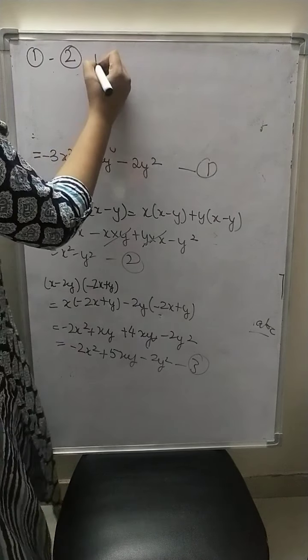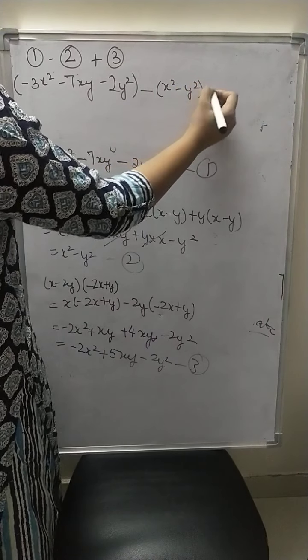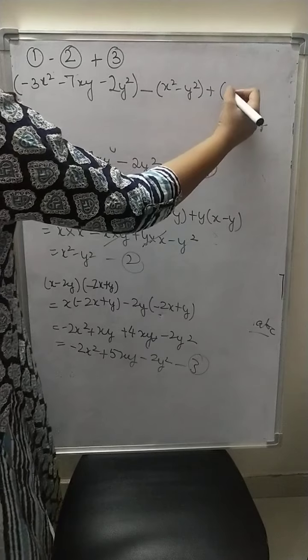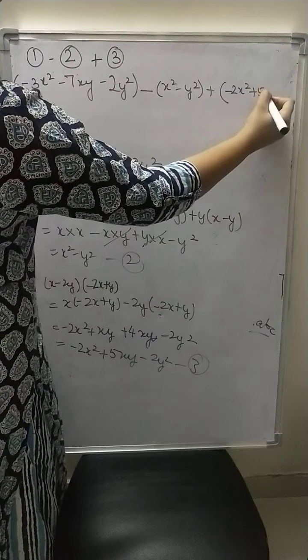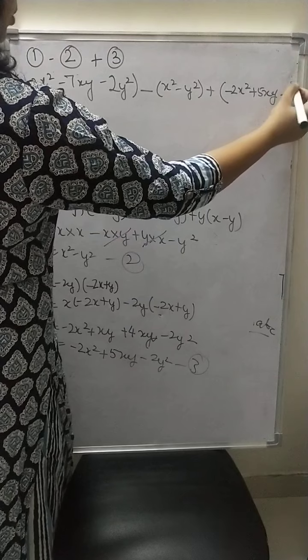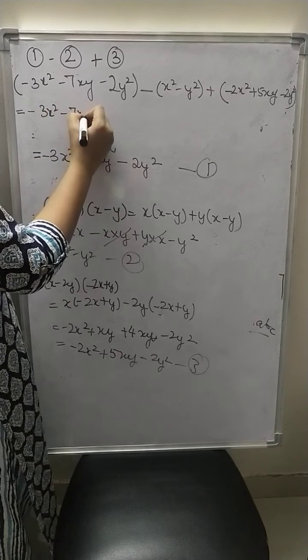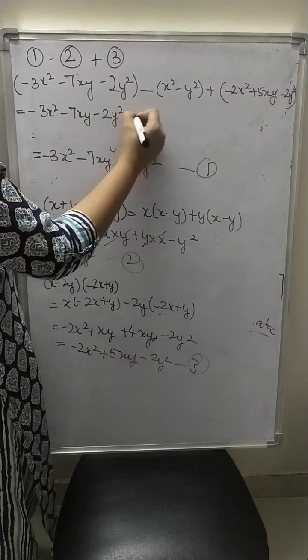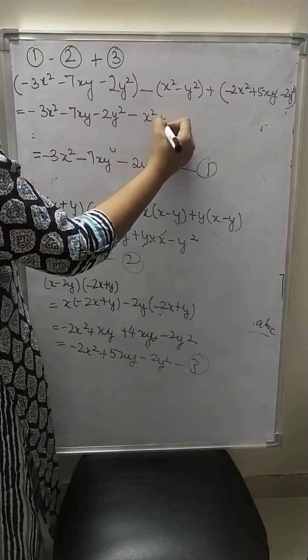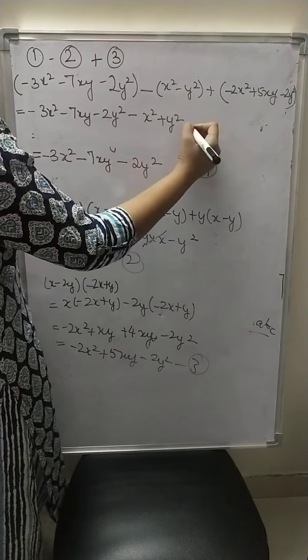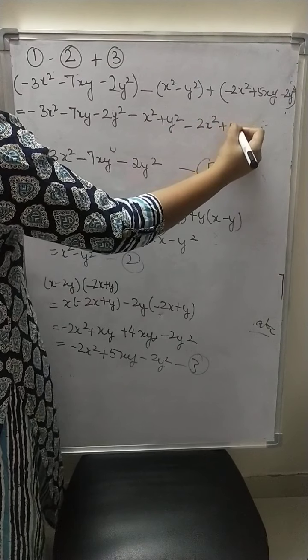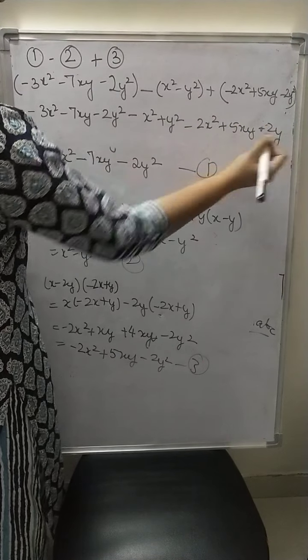Now we will write it in brackets. Equation 1 is minus 3x square minus 7xy minus 2y square, minus equation number 2 which is x square minus y square, plus equation number 3 which is minus 2x square plus 5xy minus 2y square. So that is equal to minus 3x square minus 7xy minus 2y square minus x square plus y square. See, signs I have changed. Minus 2x square plus 5xy minus 2y square.